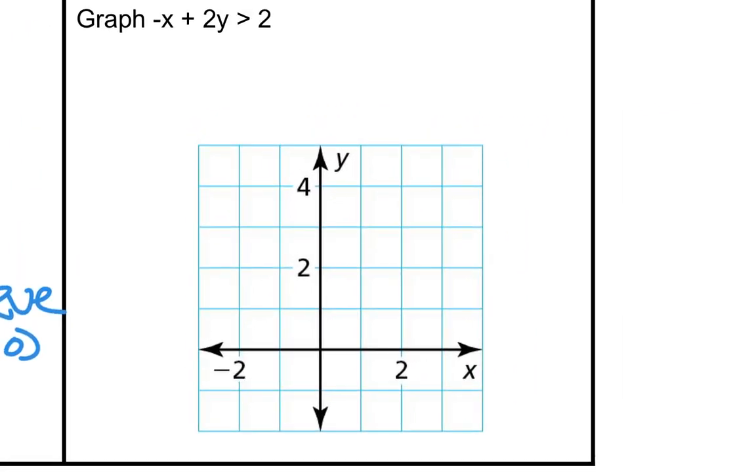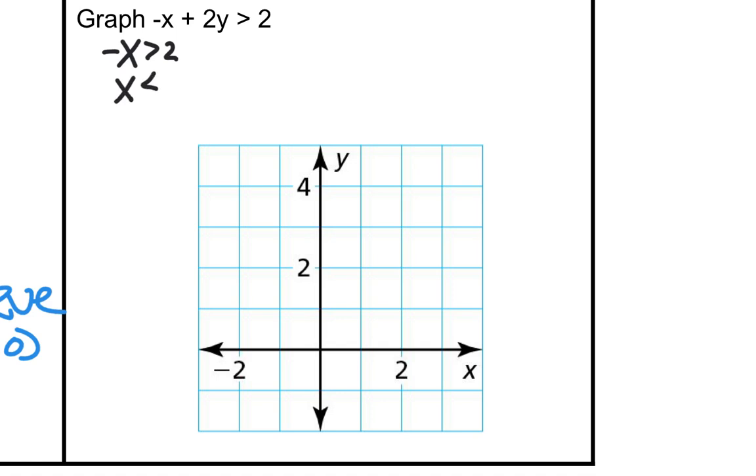All right, we're going to graph this line. Now you can either use your x and y intercept, or you can put it in slope-intercept form. If I do my x-intercept, negative x is greater than 2. So we've got to divide by negative 1. What happens?